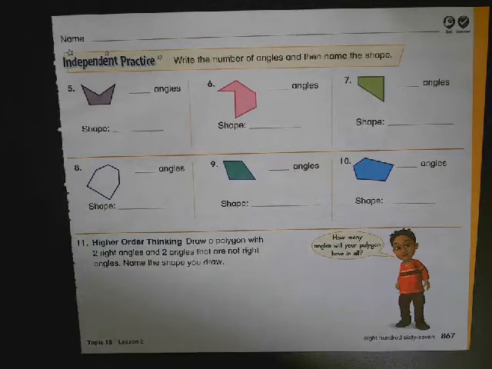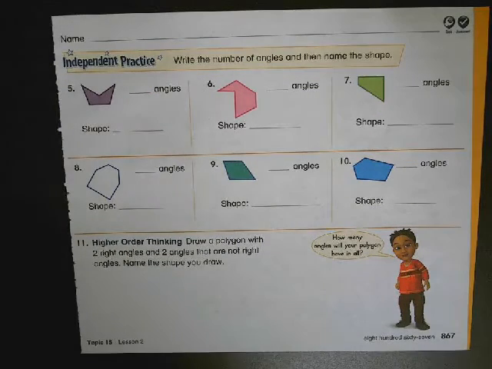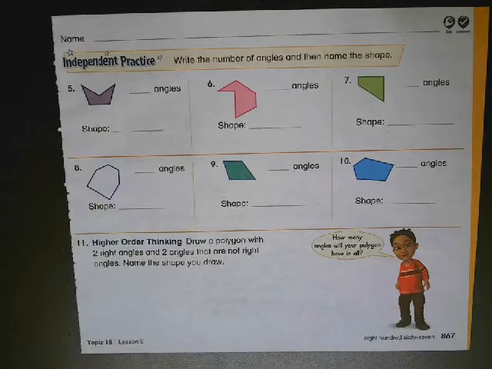So what prior knowledge do you need activated here? Yesterday it talked about vertices. Vertices are essentially a fancy word for corners where two sides meet. It also, at a vertex, creates an angle. So what's an angle?